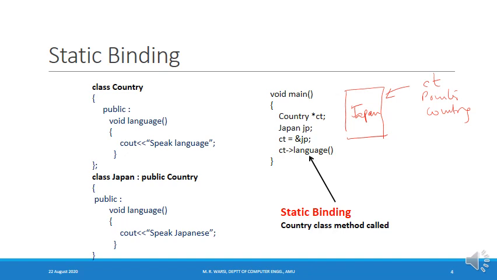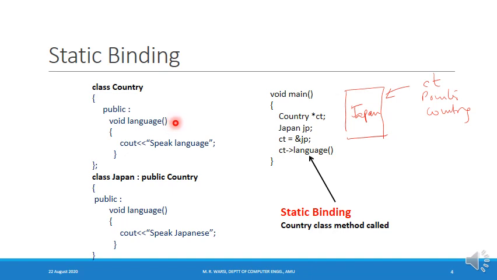I'm giving a call to method language in the last statement. Now, since language is being called with respect to the pointer CT, and CT is of type country, this invocation will bind to this definition of the language.